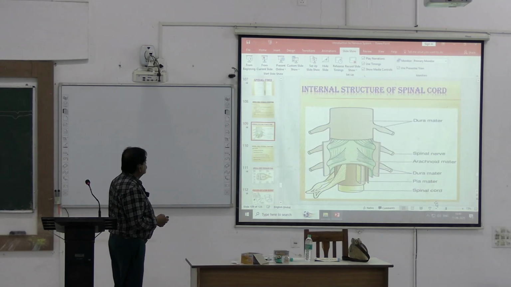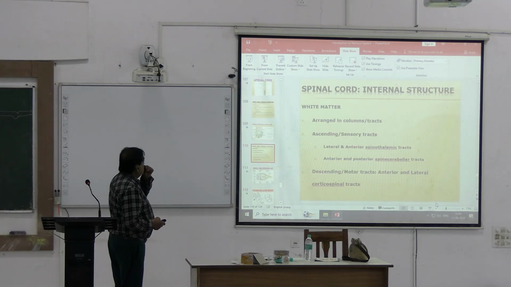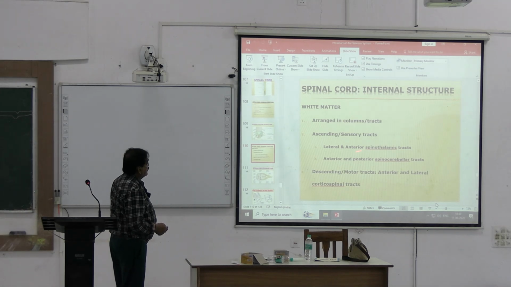Now, spinal cord internal structures: white matter arranged in columns or tracts. Ascending sensory tracts: lateral and anterior spinothalamic tract, anterior and posterior spinocerebellar tract. Descending motor tracts: anterior and lateral corticospinal tract.